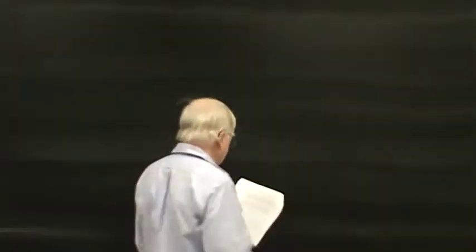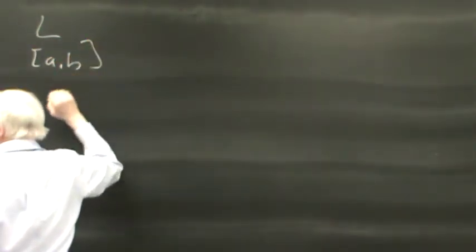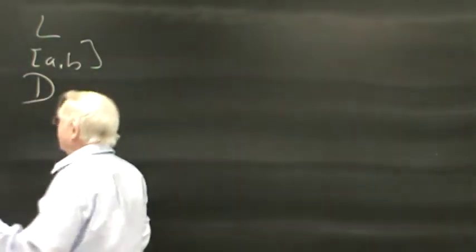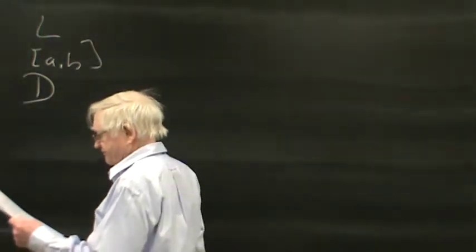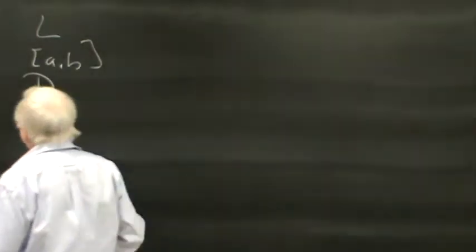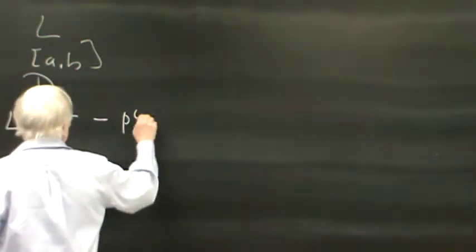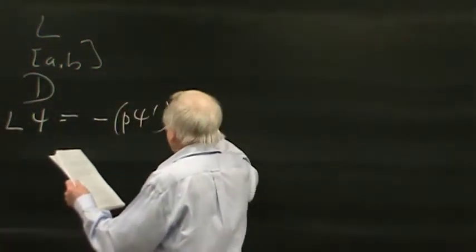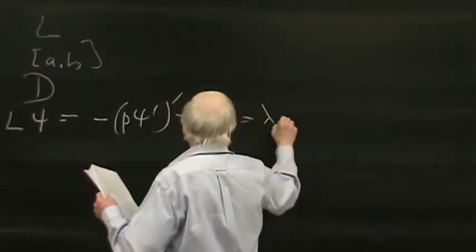So let's talk about a regular Sturm-Liouville system. It's actually a set of regular self-adjoint differential systems that have the same differential operator L, the same interval ab, the same domain D, the functions that satisfy the boundary conditions, and they all satisfy L psi equals minus (P psi prime) prime plus Q psi equals lambda rho psi.